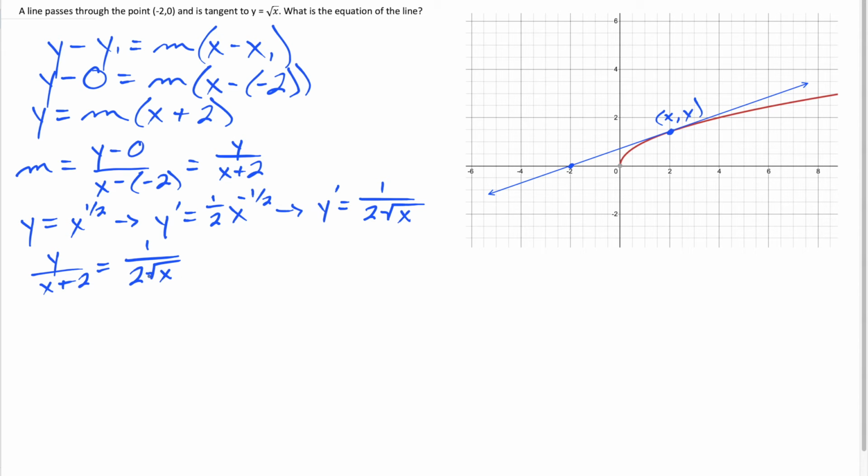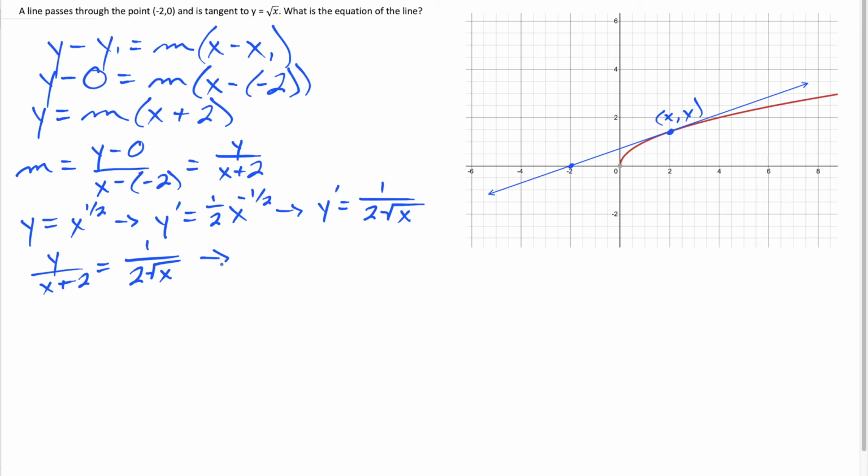Here, you'll recognize we now have one equation, but we have two unknowns. So we need to figure out a way to find another relationship between x and y. But that relationship was already given to us. That was y equals the square root of x. So now we can make the substitution of the square root of x in for y right here.